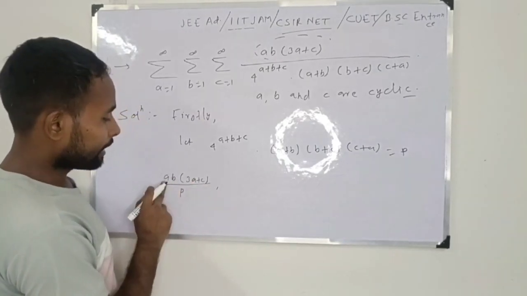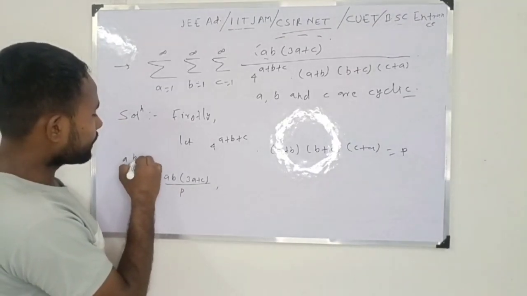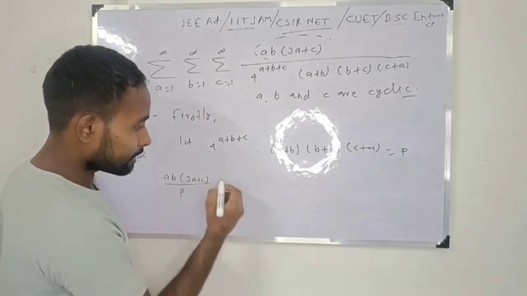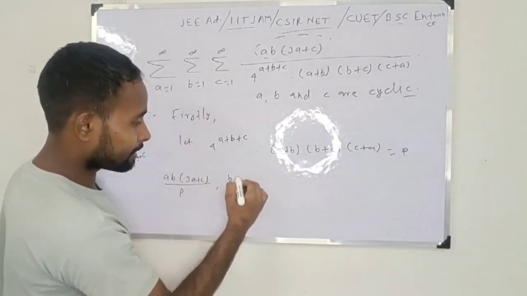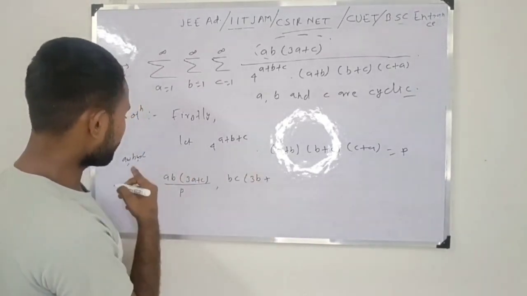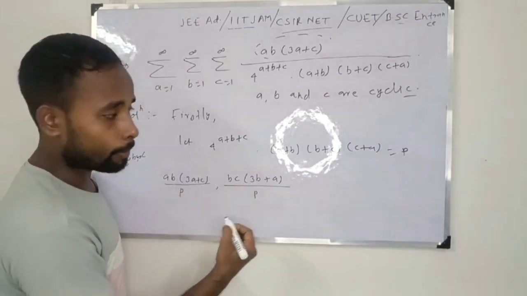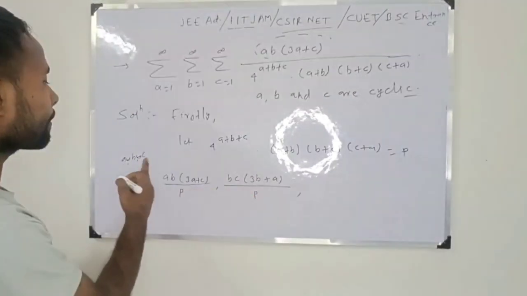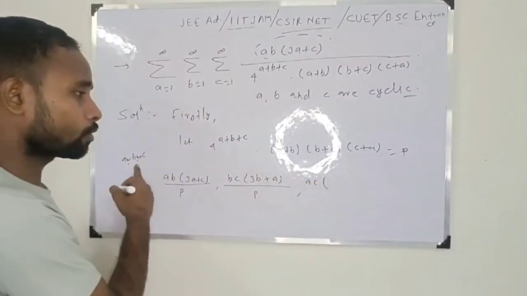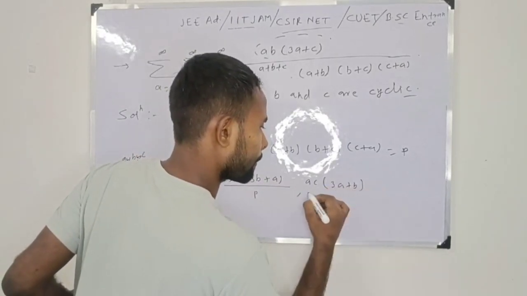Now you have to replace: A replaced by B, B replaced by C, C replaced by A. Now again, BC, and this will be your 3A, where A will be B and C will be A. And in the denominator again there will be P. Next term, if you again replace, you will write AC into 3A plus B upon P.